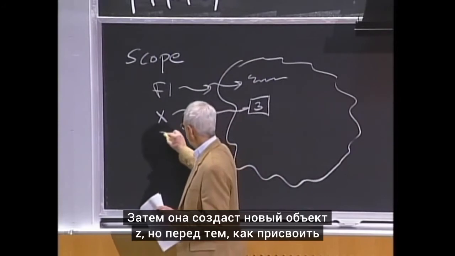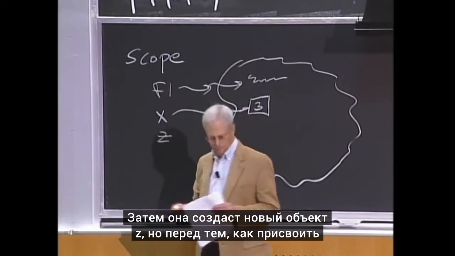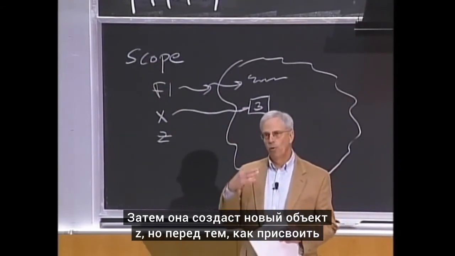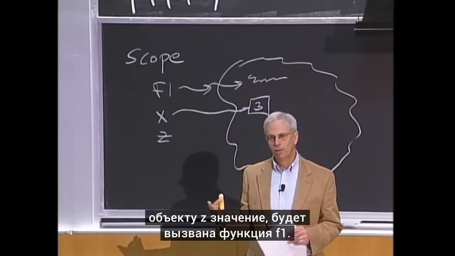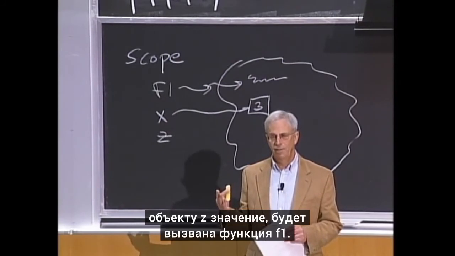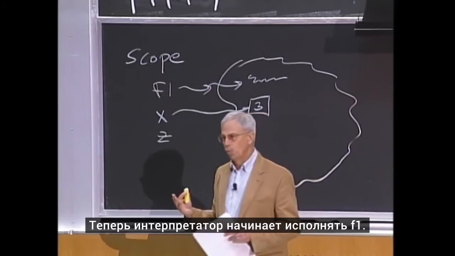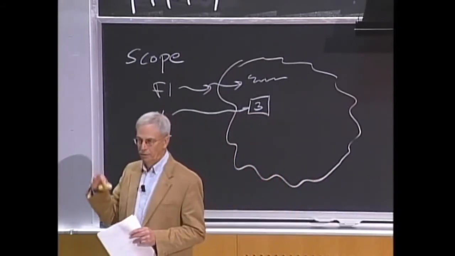It will then create another object, z. But before it can bind a value to it, it will invoke the function f1. Now the interpreter starts to execute f1.